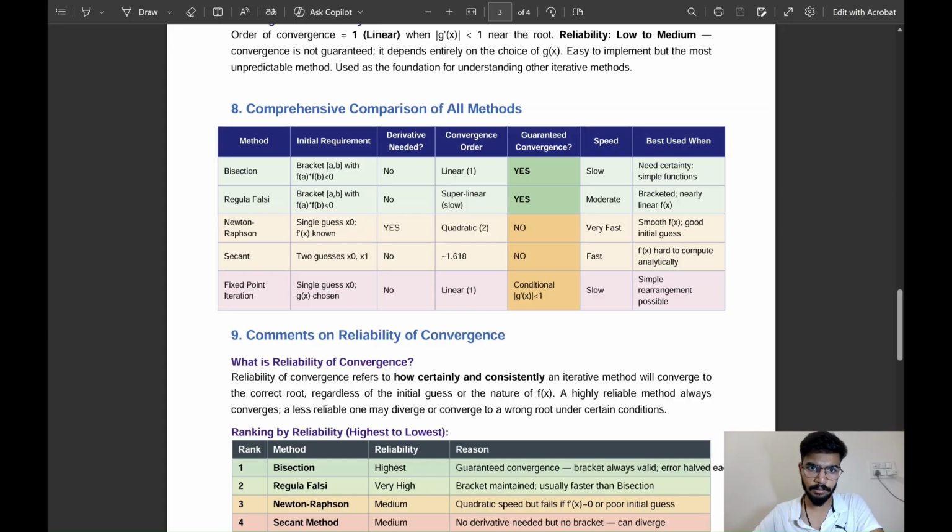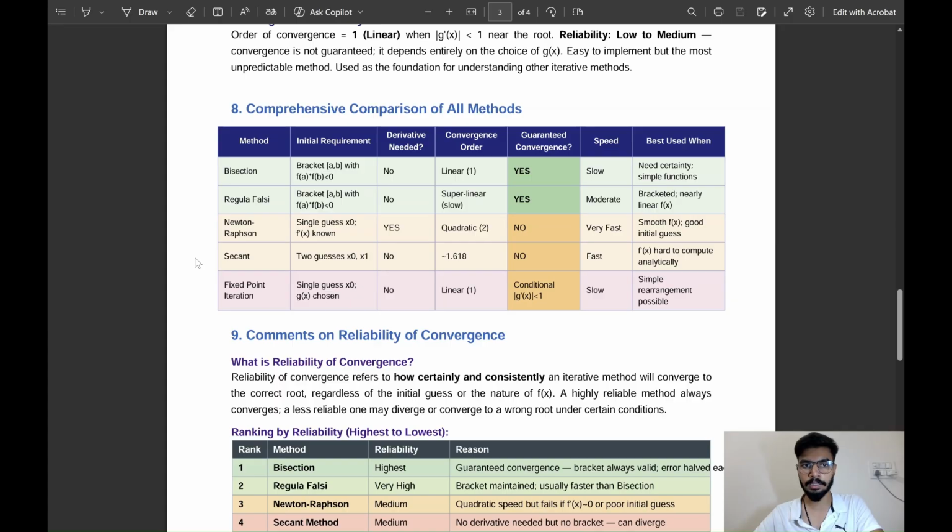Regula Falsi requires f(a) into f(b) less than 0. Newton-Raphson needs a single guess x0 with f(x) and f'(x) known. Secant needs two guesses x0 and x1, and fixed point iteration needs a single guess x0 and a chosen g(x). The derivative is only needed in Newton-Raphson's method.